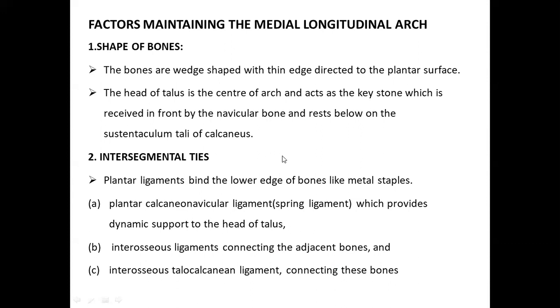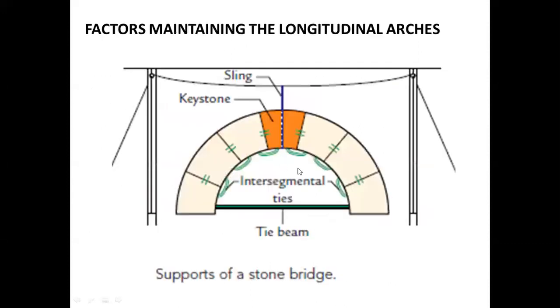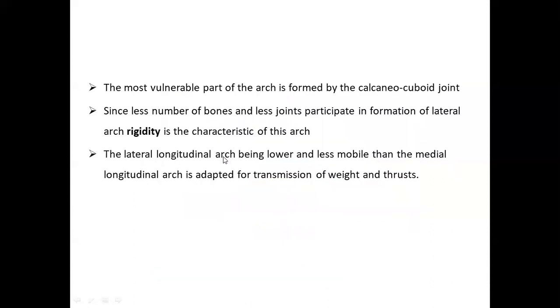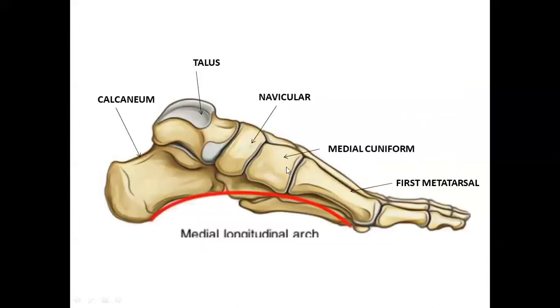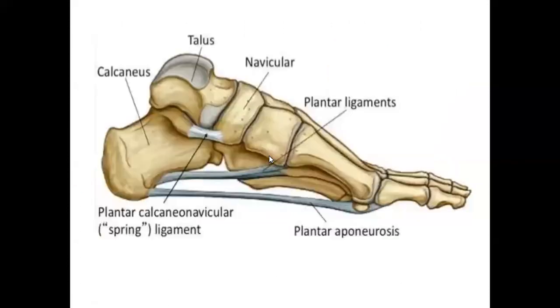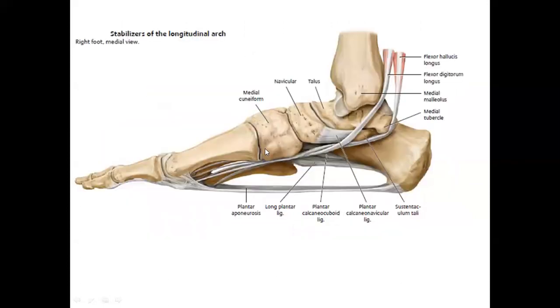Then we have intersegmental ties. As I said, these hold the small stones together. In the same way, the different bones are connected to each other by small ligaments, which act as intersegmental ties.